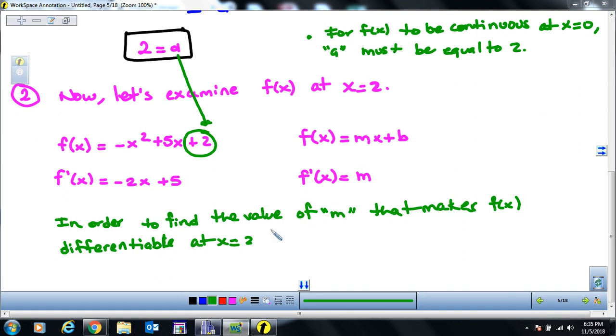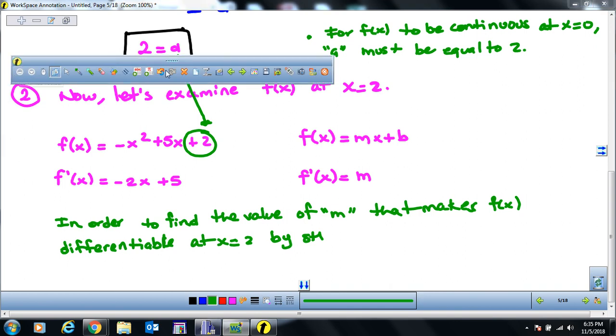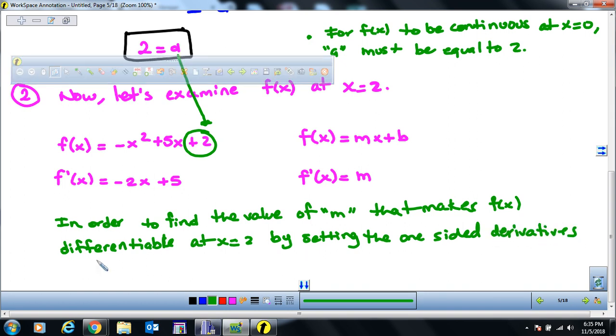That's what it means. So you're going to get this by setting the one-sided derivatives at this point equal to each other.